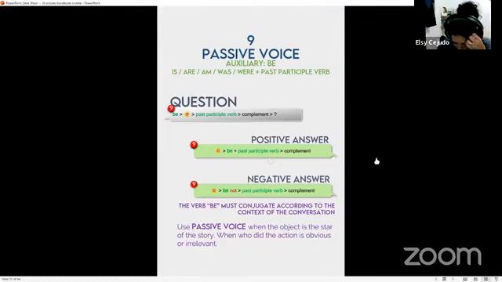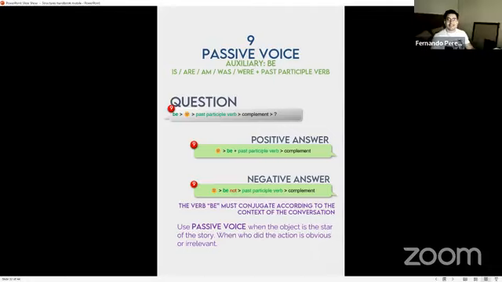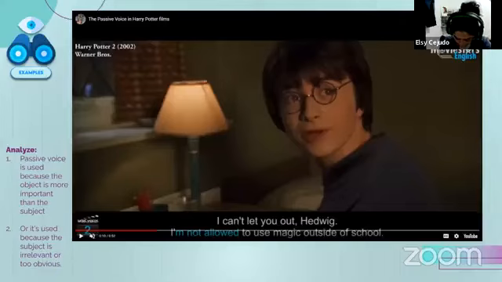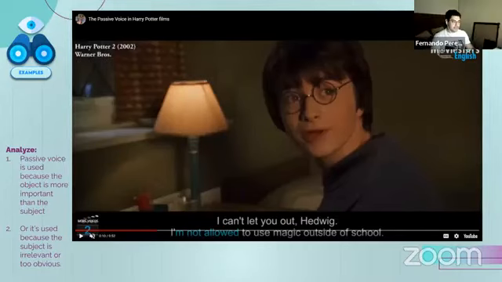So, I mean, passive voice always has a verb to be, in any time, plus past participle. Correct. Okay. Verb to be plus past participle adjective. We need to include that information over here.